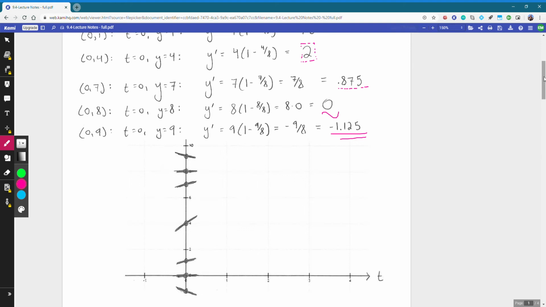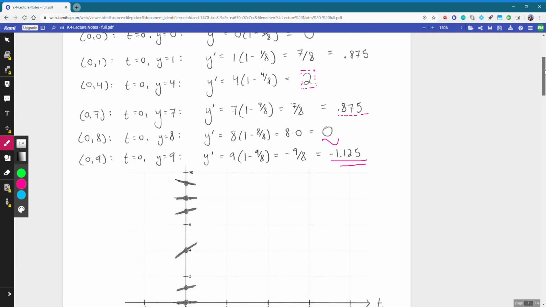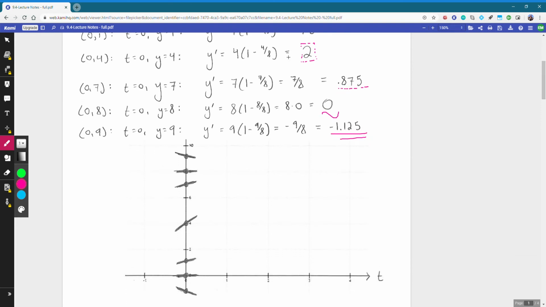Part B on the worksheet tells us to use the fact that our differential equation is autonomous to quickly get a lot more line segments, right? And so the idea here is that, for example, this computation here at 0, 4, if we chose a different t value, let's say t equals 1 or 2 or negative 3 or 10, and kept that same y, our y prime computation would go through the exact same way, right?